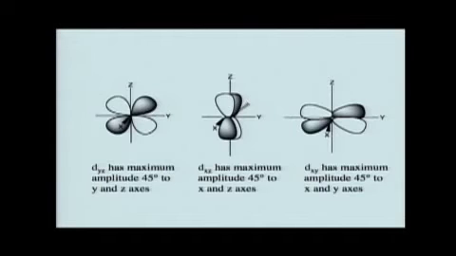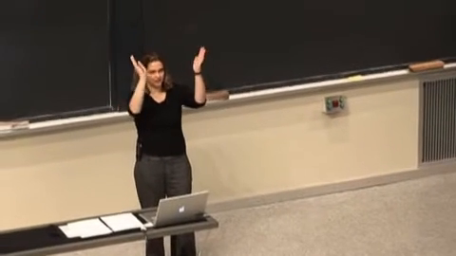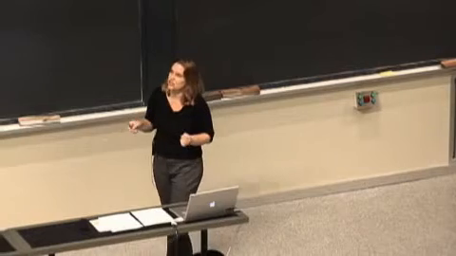So we have the dyz shown here, dxz shown here, so maximum amplitude 45 degrees off the z and y axes, or z and x axes, and then you have, these pictures are a little bit complicated to see, dxy, so it's 45 degrees off of the x and the y. And so here I tried to draw them all in the same orientation of axes, which is a little bit difficult.